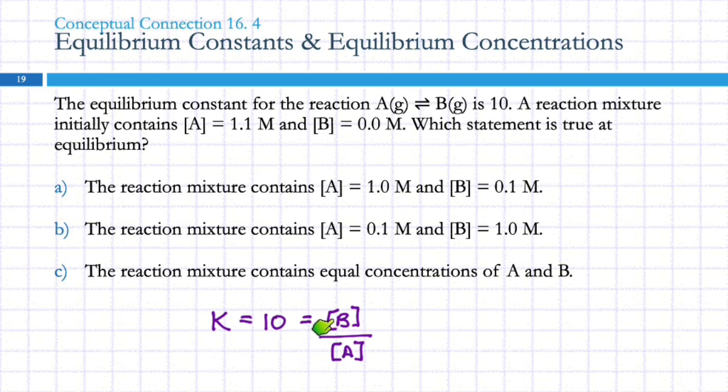Which is bigger, B or A, for this to be 10? B has to be bigger. So then we can choose this choice where B is larger than A. They're not going to be equal. They would be equal if the equilibrium constant was 1. Any questions?